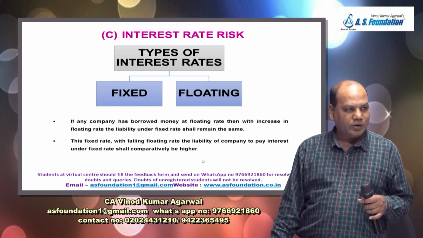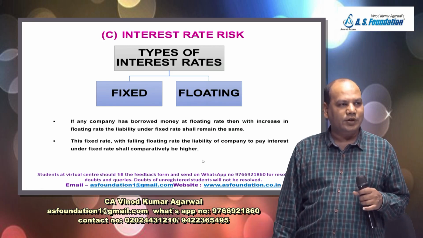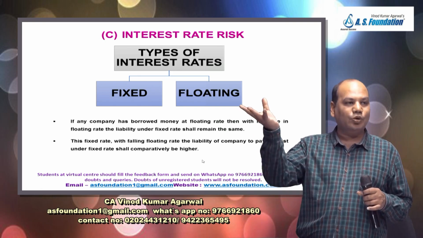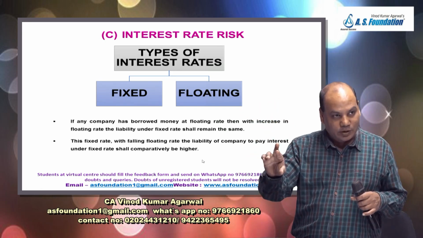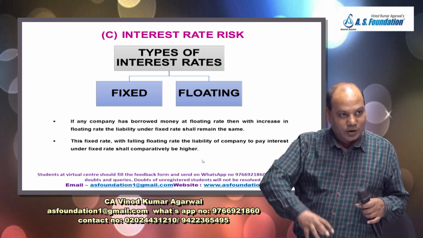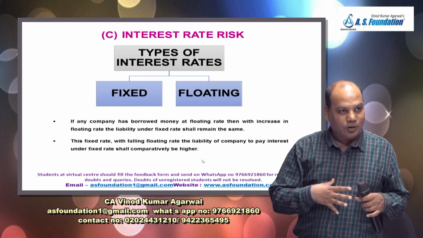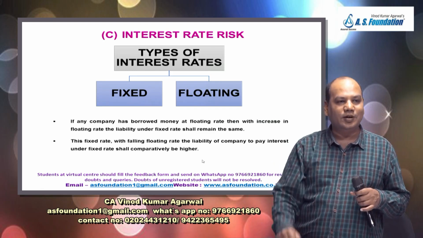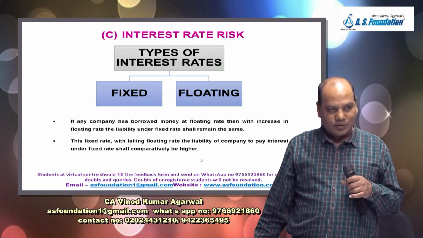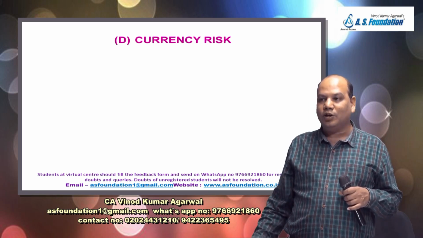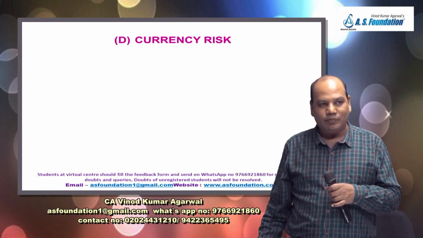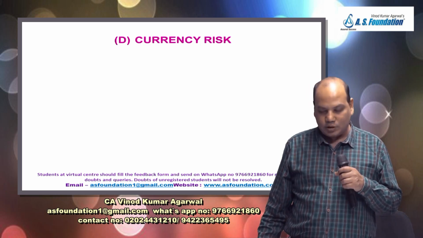You can always express it in your own words. You have borrowed at fixed rate. Interest rate goes up, enjoy. You will pay at a fixed rate. But the reverse happens. The interest rate falls and you're a borrower, still you have to pay at the fixed rate of interest. Then you will say we should borrow at floating rate. In floating rate, as the interest rate goes up, you have to pay more interest.